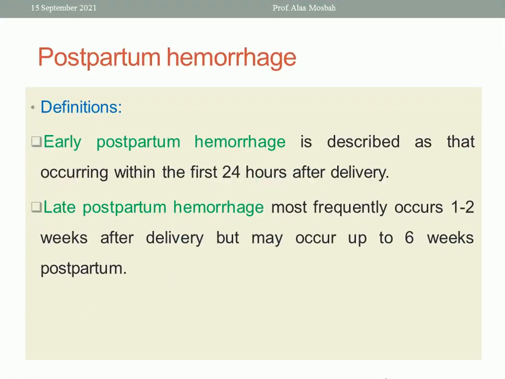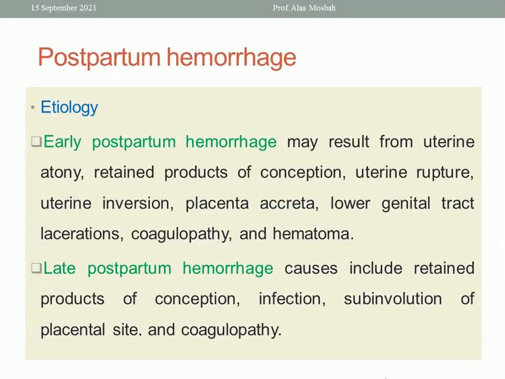Early postpartum hemorrhage is described as that occurring within the first 24 hours after delivery, while delayed postpartum hemorrhage occurs after 24 hours and up to 6 weeks postpartum. The etiology of early postpartum hemorrhage is due to uterine atony, retained products of conception, or uterine inversion, or rupture, or placenta accreta spectrum, or lower genital tract laceration, or coagulopathy and hematoma.